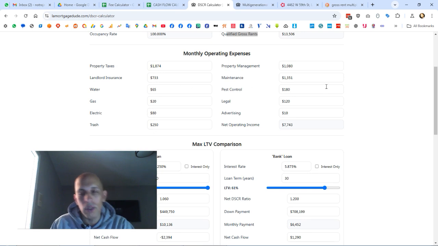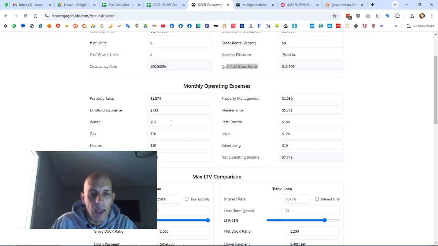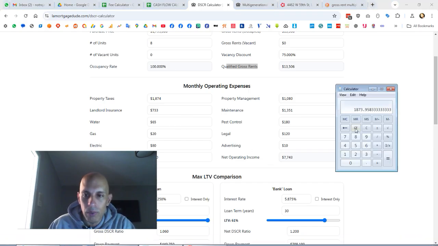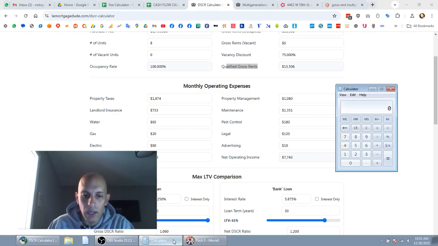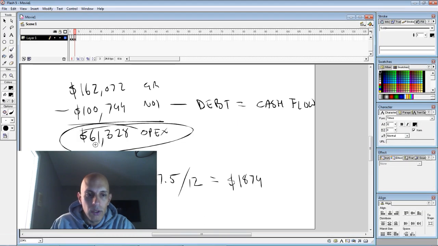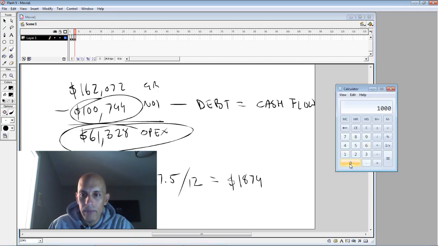Landlord insurance, because it's an 8-unit property in California. On commercial multifamilies, you're generally being charged at about $1,100 per unit on an annual basis. So let's see here. We want to see net operating income, right? We got to get this down to 100,744. All right, let me see here.